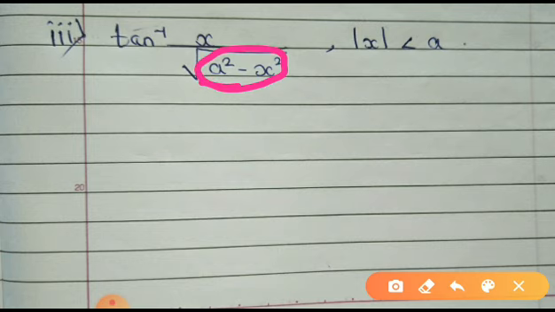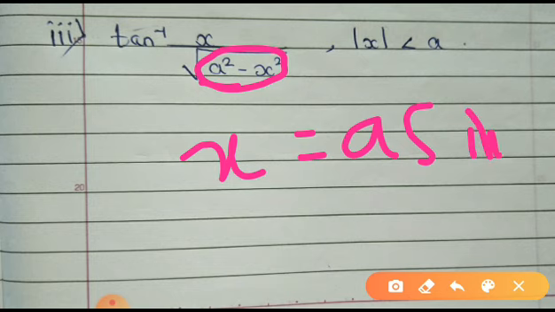In the numerator I have x. In order to get tan, I should have the numerator as sine. So simply if I write x as sine theta, is it possible? No, because down I have a square minus x square. So what should be the substitution? I should substitute x as a sine theta.